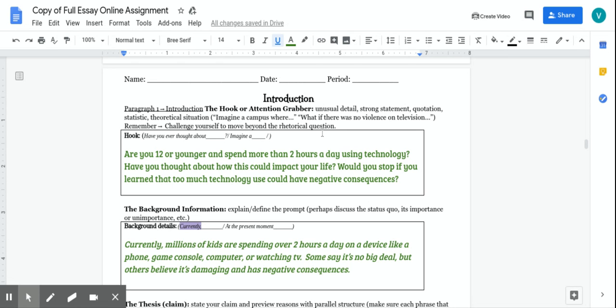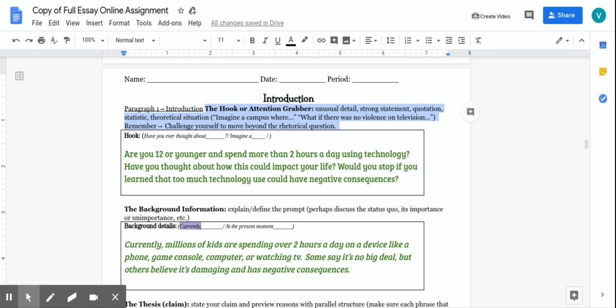So it gives you a little bit of guidance as to what exactly you're doing in each paragraph. So I do want to point out that you should make sure you are reading the information that's right above the box because it's helpful. It'll give you reminders of what the purpose of each part is.